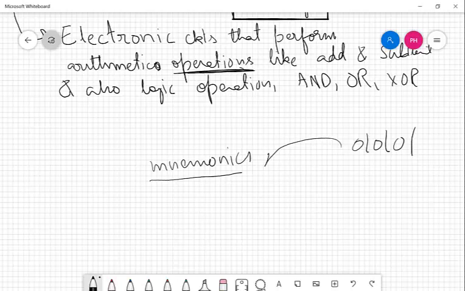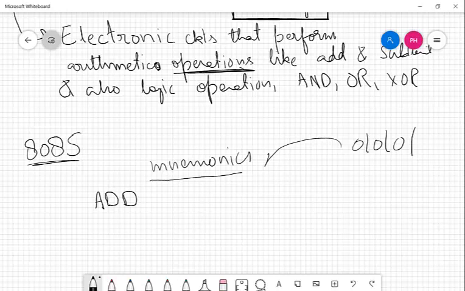For example, in 8085, the microprocessor we are going to study, one of the oldest microprocessors, we'll be discussing this in more detail in the next lecture. One of the instructions it has is known as ADD. It's a mnemonic.